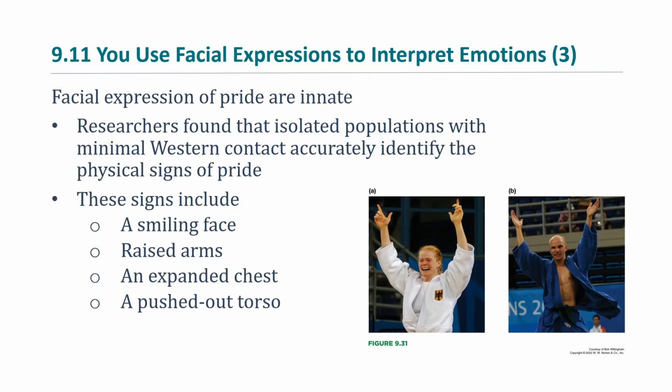Now, I just want to point out this type of research. These are typical types of research that we look at to determine if something is innate and biologically based, or is it learned and culturally based. There are two major types of research that you tend to do. There are others, but the two main ones are, first of all, cross-cultural research.